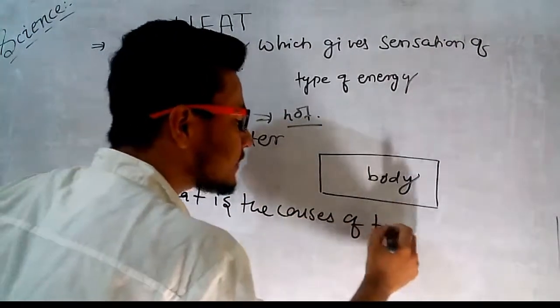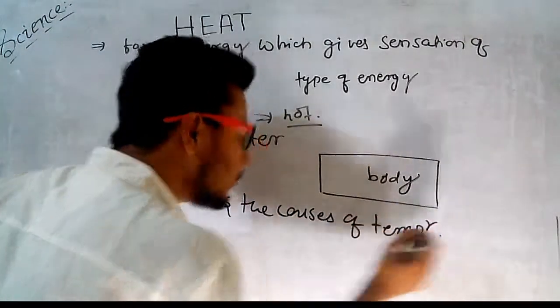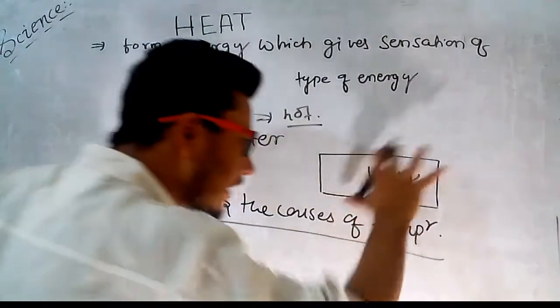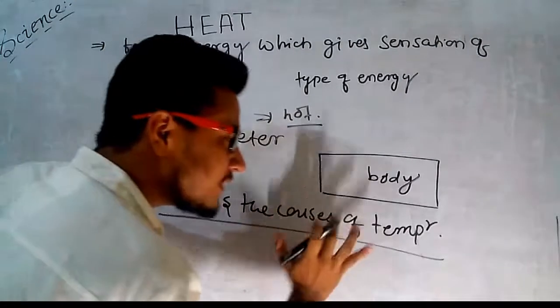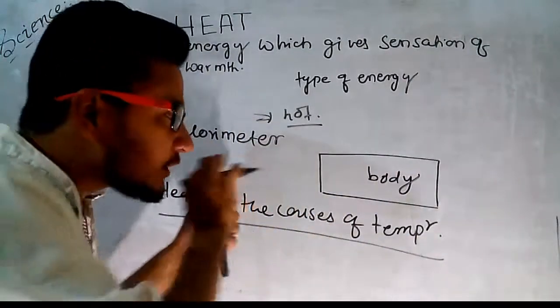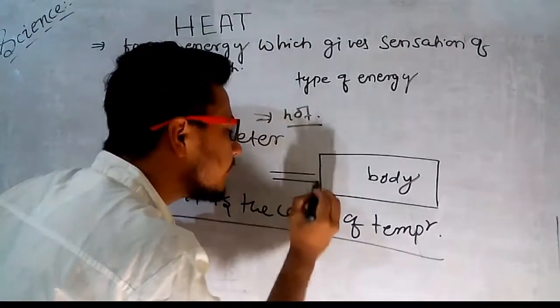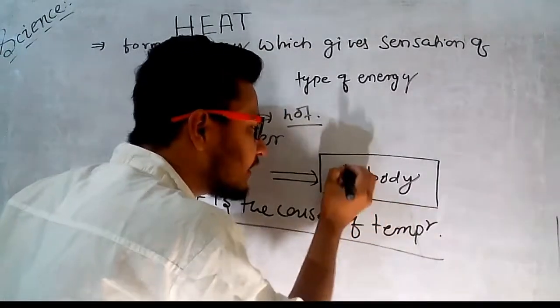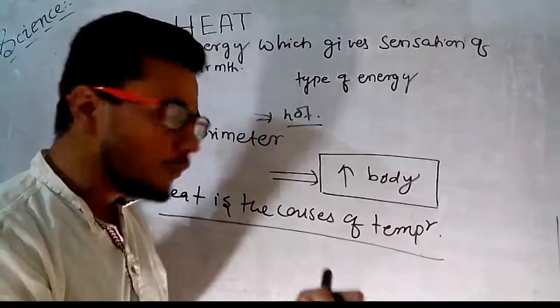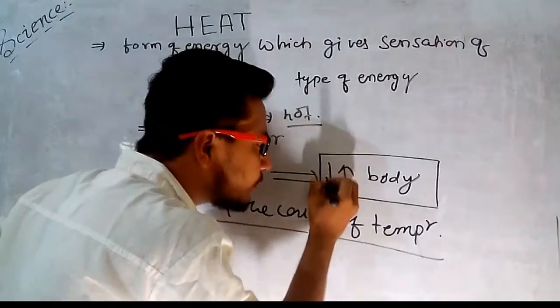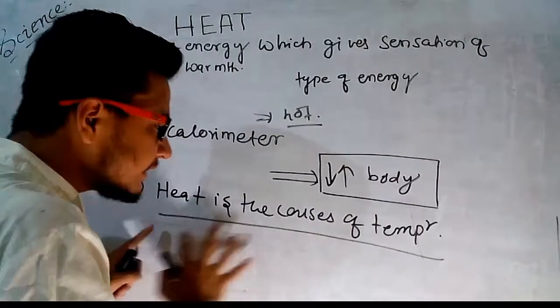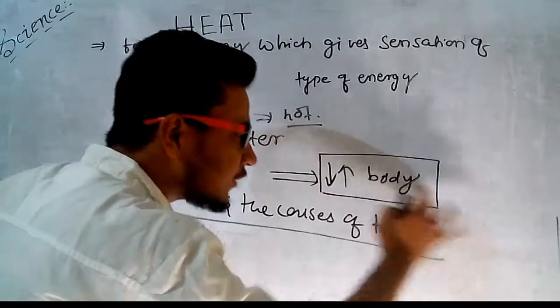From this idea, we say that heat is the cause of temperature. If we supply heat to a body, then the temperature increases, and if we remove heat from the body, then the temperature decreases. So heat is the cause of temperature.